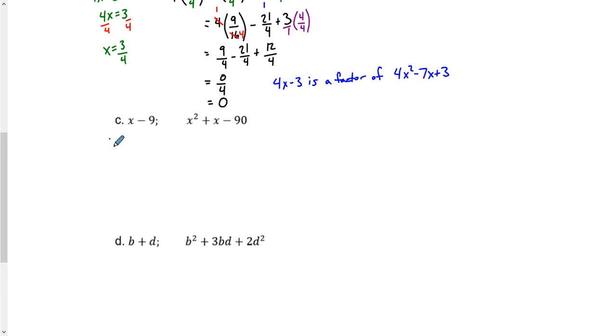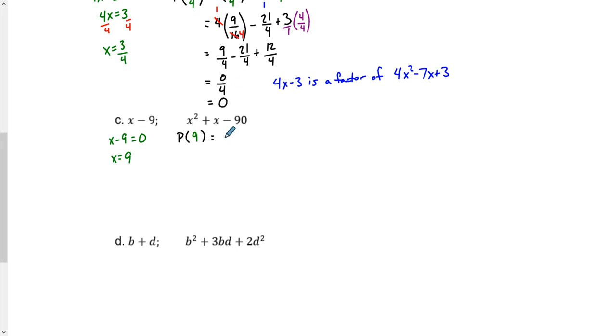Well, all we have to do is say, where does x minus 9 equal 0? Well, adding 9 to both sides would be 9. So let's plug 9 into here.